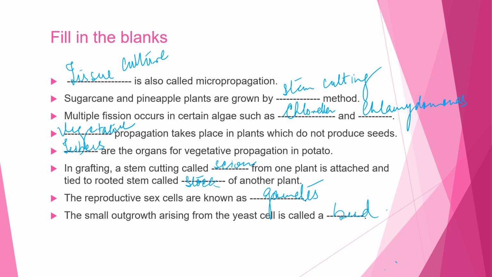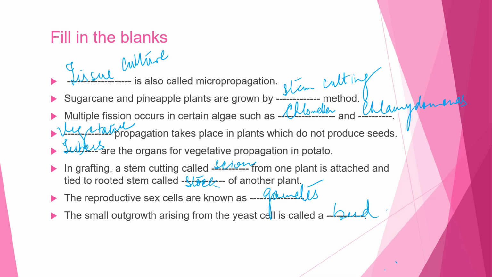Now just go through them again, and if you want, note them down in your notebook so that before your biology exam you can just go through these fill in the gaps. So the first one is tissue culture, also called micropropagation. Sugarcane and pineapple plants are grown by the stem cutting method. Multiple fission occurs in certain algae such as chlorella and chlamydomonas.